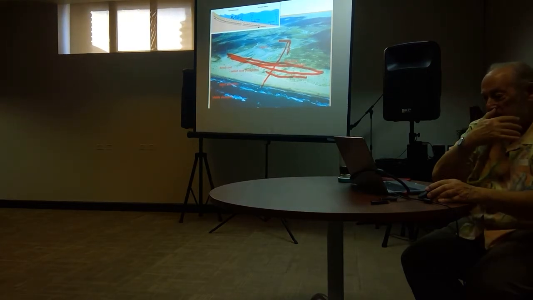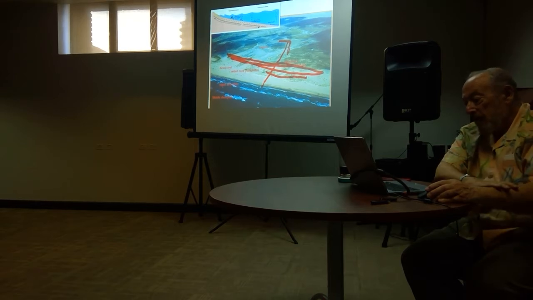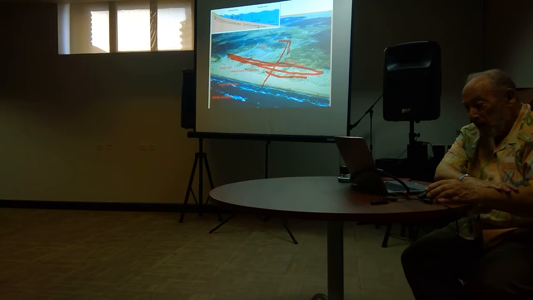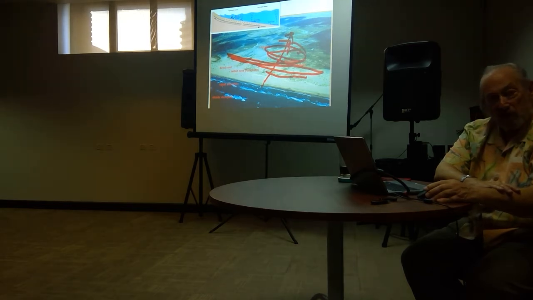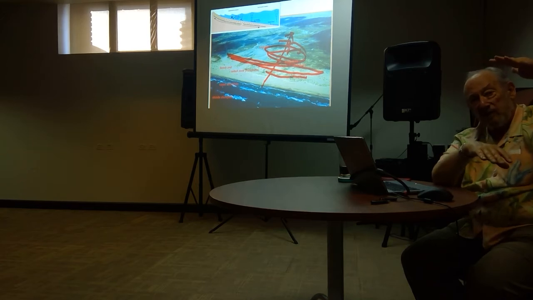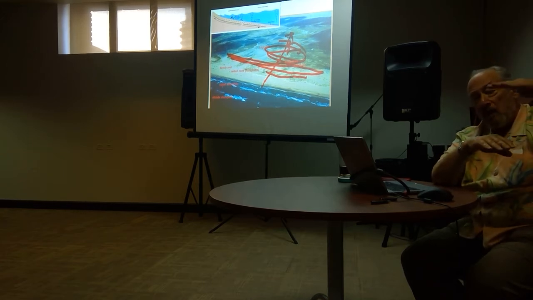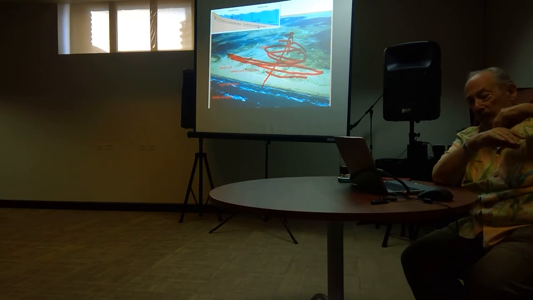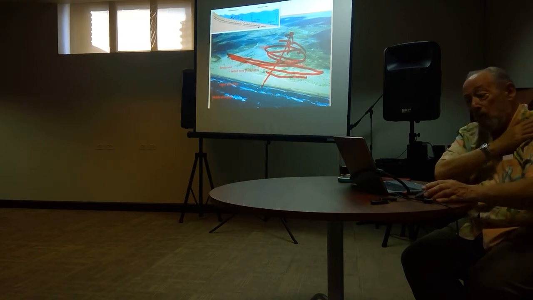It's confusing to try to say this. With further transgression, your beach will move further landward, so it's going to be deposited on top of these lagoonal sections. So you get a vertical stratigraphy that's very diagnostic of transgression.